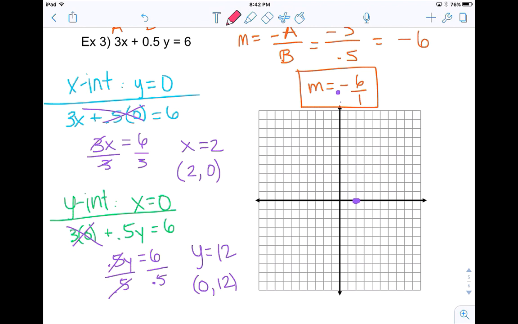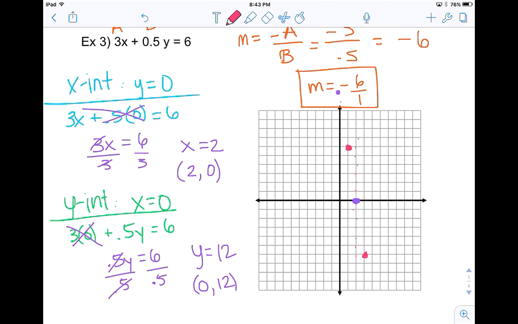So from the point that is on my graph, my x-intercept, I'm going to move down 6 and right 1. Or vice versa, I could move up 6, and I think I went up too much, and left 1.